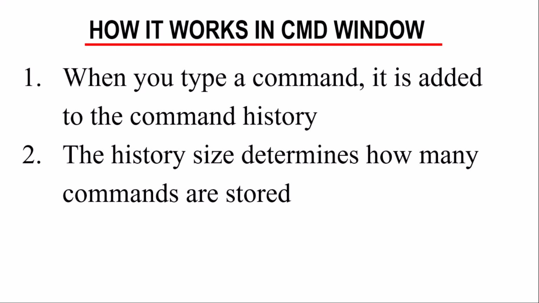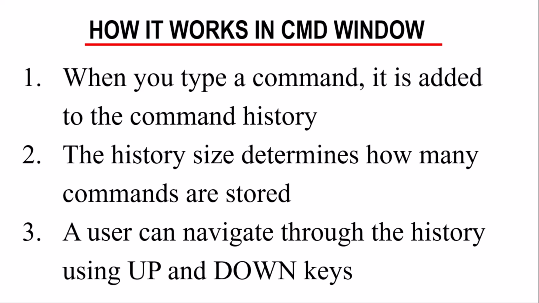So if you have 50, it means that you're going to have 50 commands stored in the buffer. Now, a user can also navigate through the history using the up and down keys to recall all those typed or executed commands. So this is how the command prompt history size works in the command prompt software.